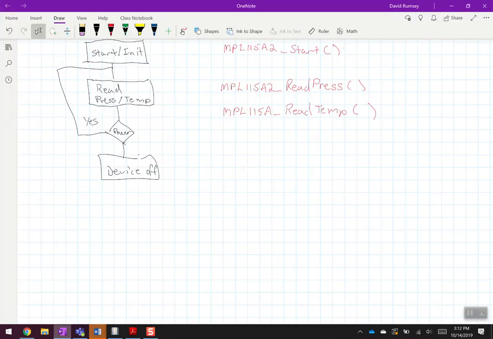So here we'll start writing on our MPL115A2 start. One thing we should do here is read coefficient data, because we're going to need that.